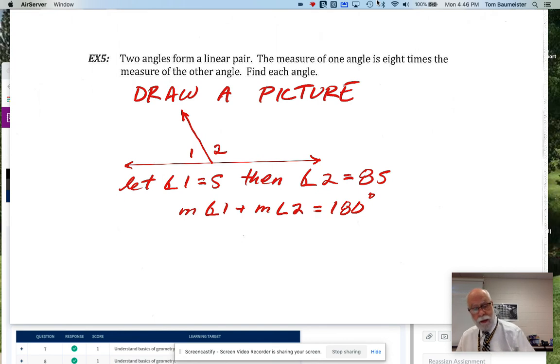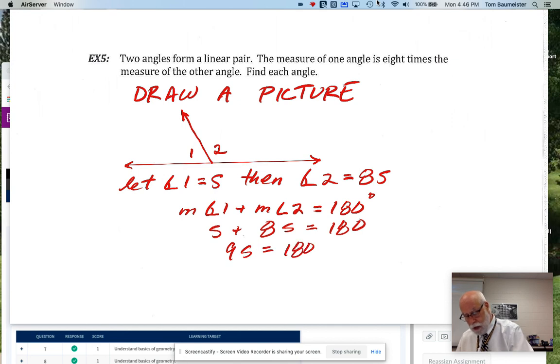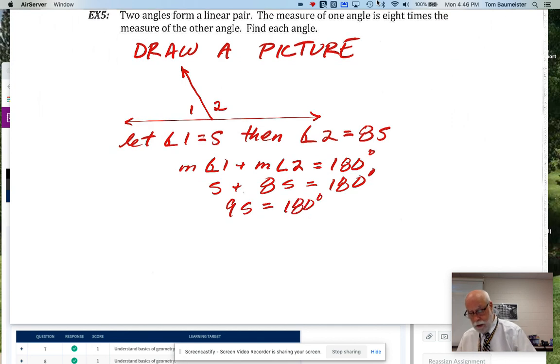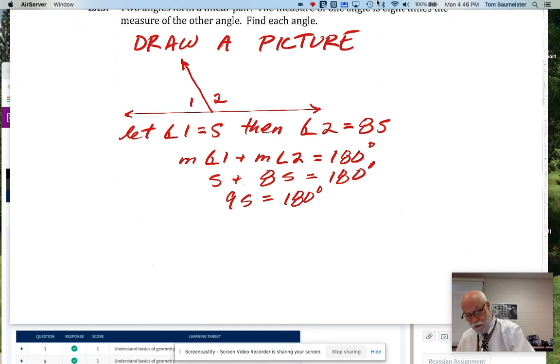So then we can say that S plus 8S is equal to 180. Combine the like terms, 9S is equal to 180. Again, that would be in degrees. Divide by 9, and S is equal to 20.